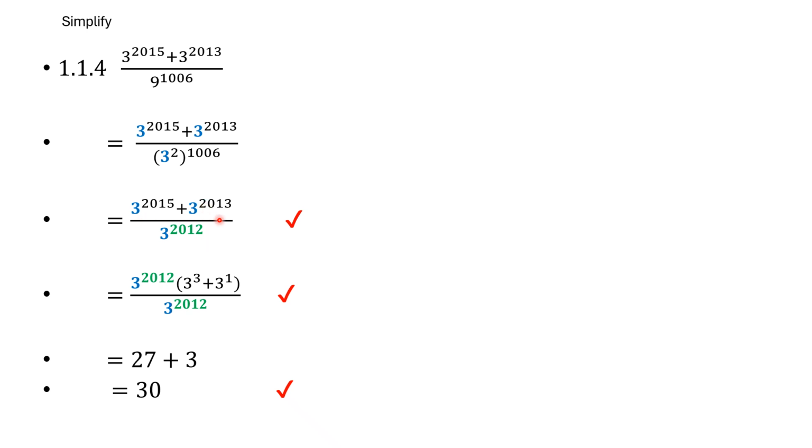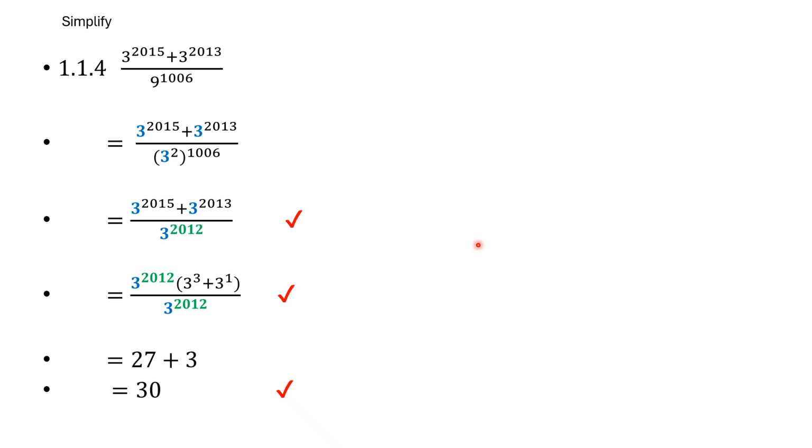On the top I take out 3 to the power 2012. 2015 minus 2012 gives me 3 to the power 3, plus 2013 minus 2012 gives me 3 to the power 1. Now the two factors can cancel, and I'm left with 3 to the power 3, which is 27, plus 3. That gives me 30.